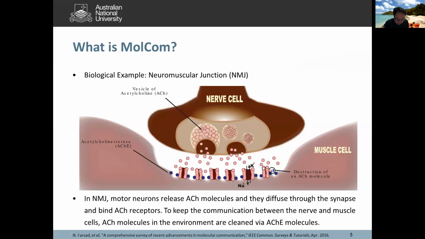So this is an example from the human body, and this is an example of molecular communication. We want to use this example to tell everyone that molecular communication actually exists in nature, inside our body, and our job is to investigate the principle behind this molecular communication paradigm and see how we can use it in our current, emerging, and future nanoscale applications.